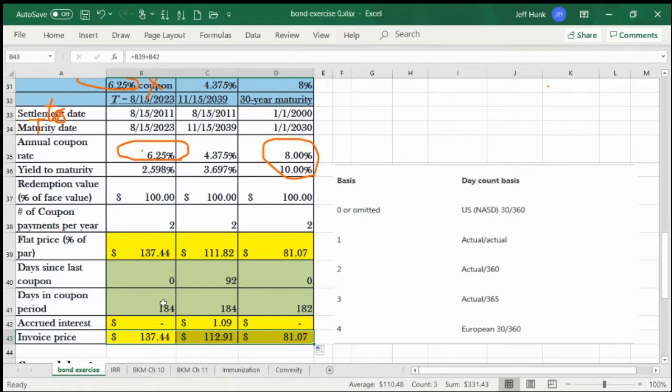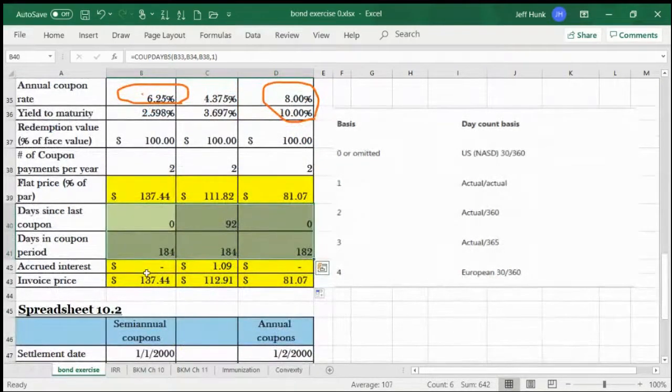Input data will be entered, and then basically finding flat price by using the price command, and finding the number of days that have passed using the coupon days command. You can easily do that. Accrued interest can be found by simply multiplying the annual coupon by the fraction of the days that have passed and dividing it by 2. So there's nothing to it.